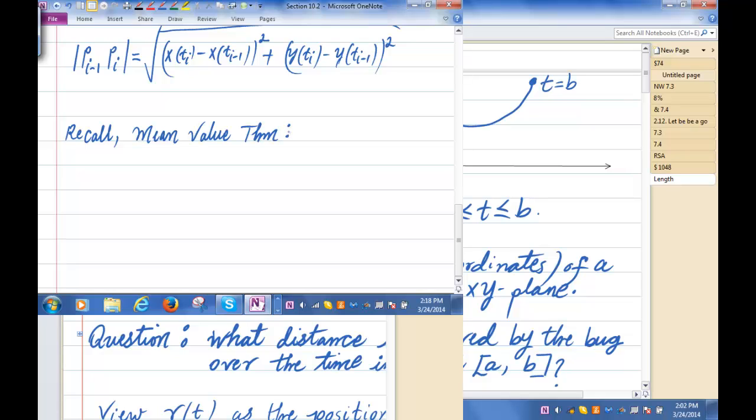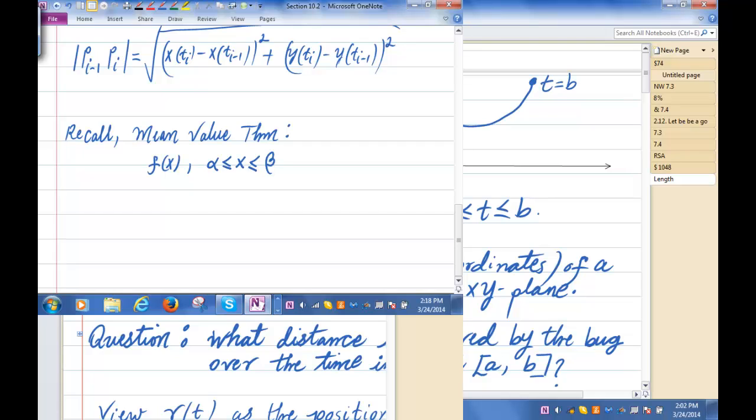What does it say? Suppose that I have a function f of x, and x is between two numbers, alpha and beta.